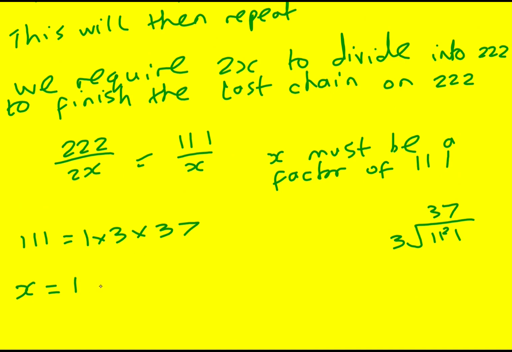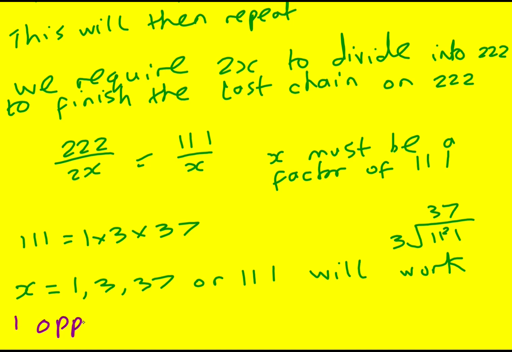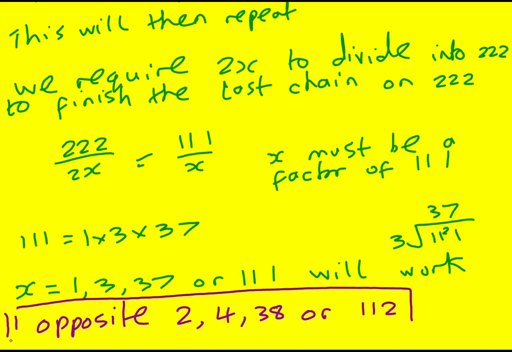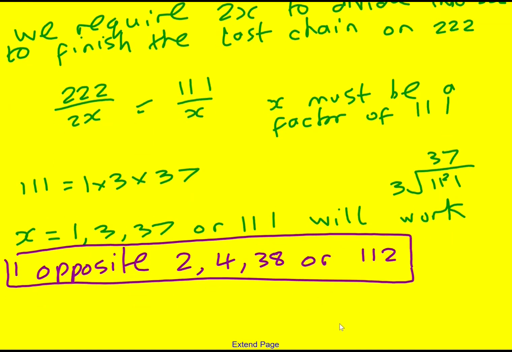Don't forget 1 is a factor of 111. 3, 37, or don't forget 111 itself. And this means 1 can be opposite, remember x plus 1, so 1 can be opposite 2, 4, 38, or 112. It cannot be opposite any other number.